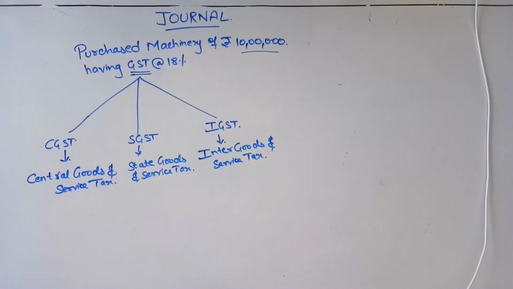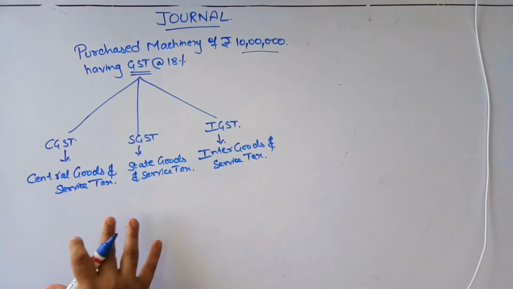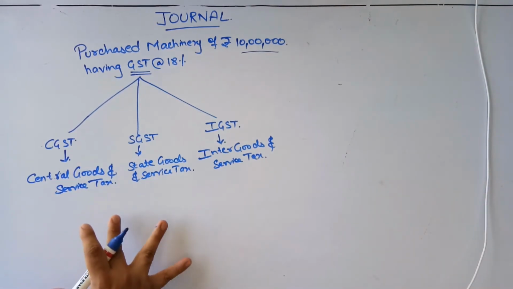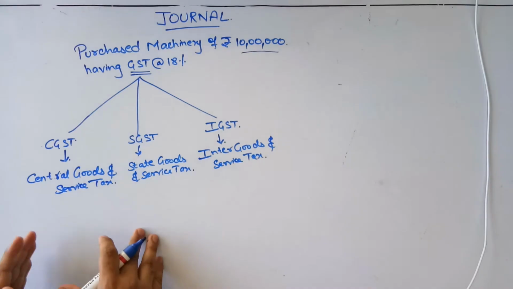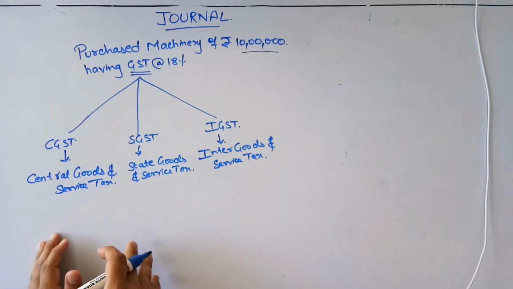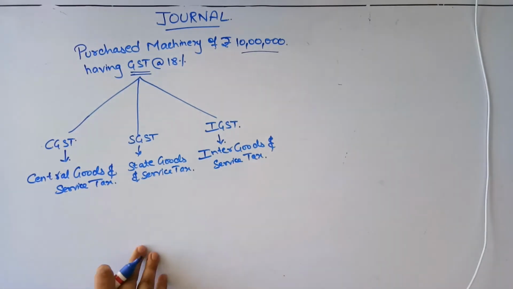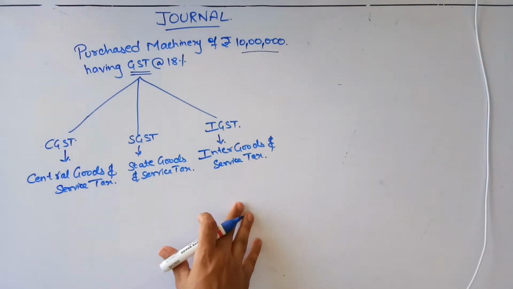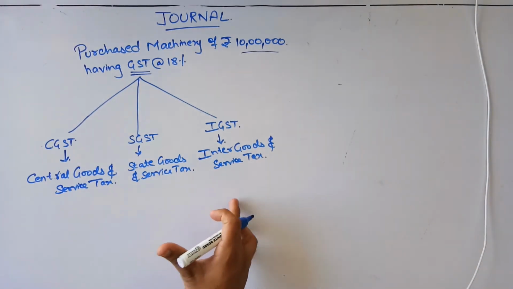When we are talking about CGST and SGST, that will always be bifurcated into 9 and 9%. Whatever is the rate, for example, if the GST is of 18%, it will be bifurcated into 9% and 9% each. But now if I say IGST, that is your integrated goods and service tax.